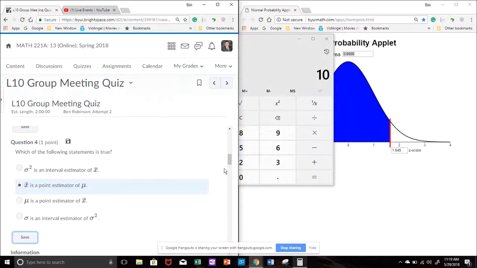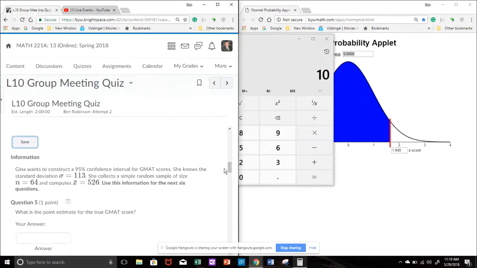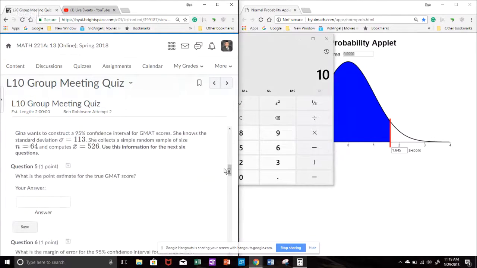Okay. Thank you. And then come down here. Gina wants to construct a 95% confidence interval for GMAT scores. She knows the standard deviation is 113. She collects a simple random sample of size 64 and computes the sample mean of 526.